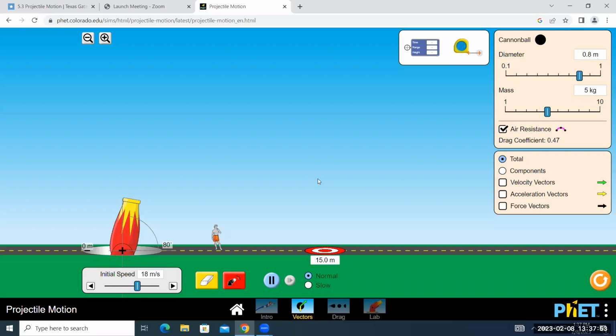So what we can do is we can do the volcano problem in this, right? We knew our initial speed in the volcano problem was 25 meters per second. We know that our angle was 35 degrees. We don't really know what the range is. So we can fire the cannonball. And oh, look at that.